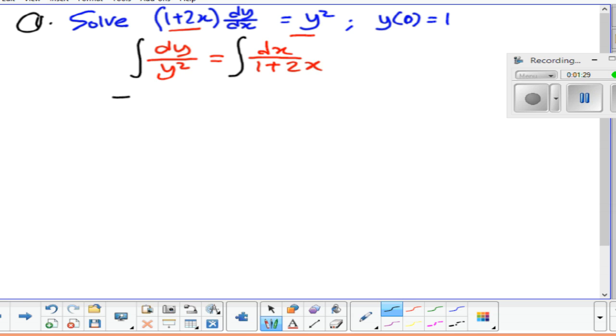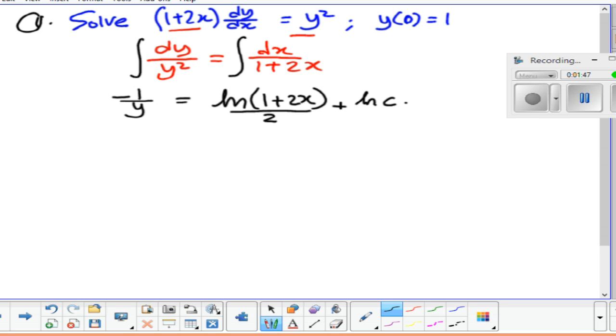Over here is just negative 1 over y, equal to, over here is natural log of 1 plus 2x divided by 2 plus ln c, for example.